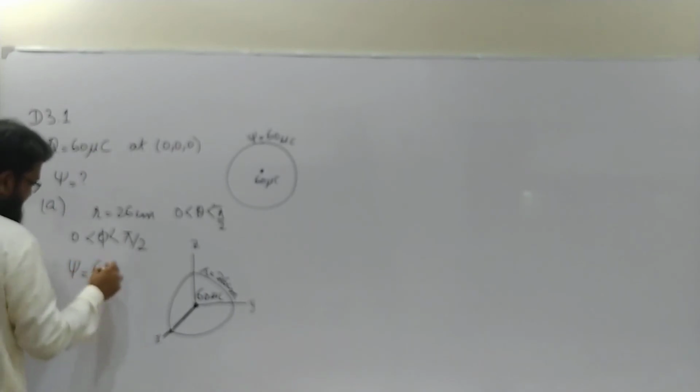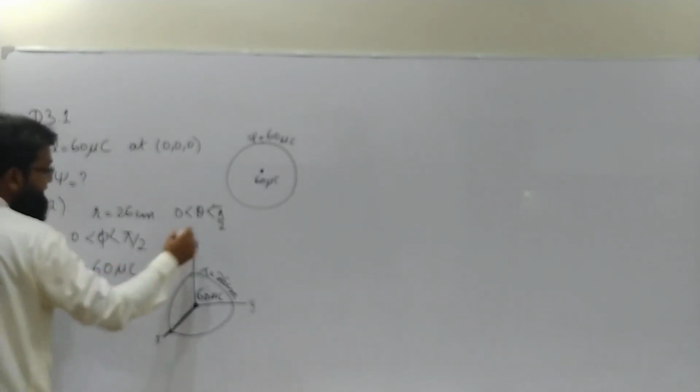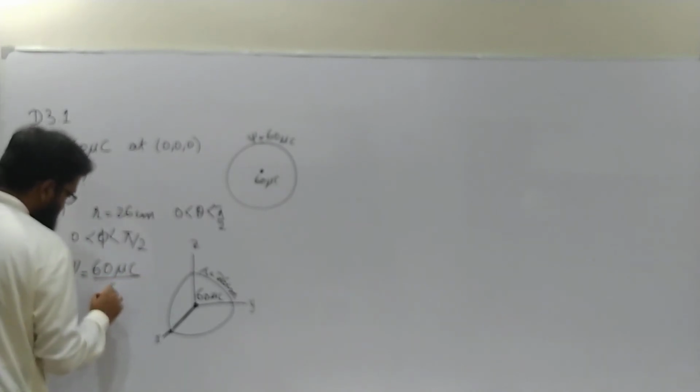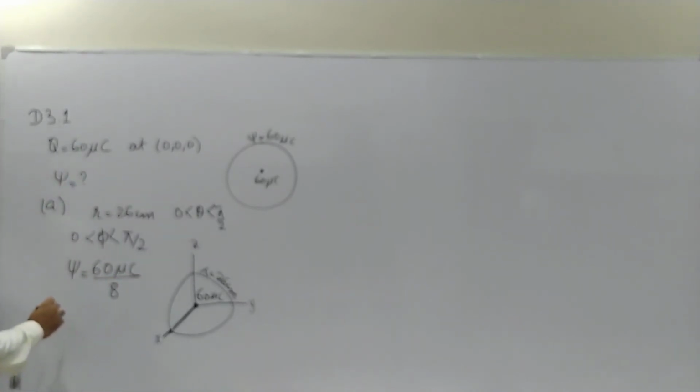So this would be the flux leaving the complete sphere, but we are interested in 1/8 of that. So definitely 60 divided by 8 is actually 7.5 microcoulombs. Okay, so this is part A.